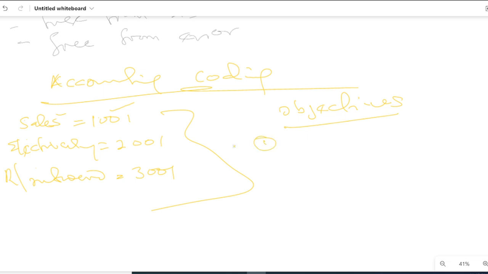This accounting code has objectives. One is uniformity. Number two, consistency. Number three is comply with IFRS. Number four is data integration.